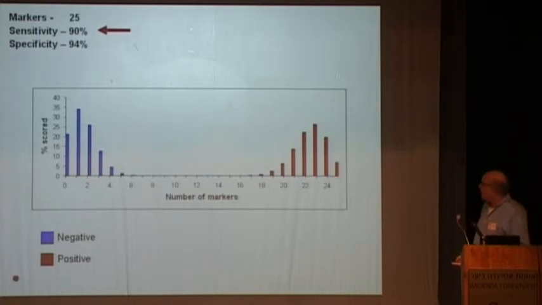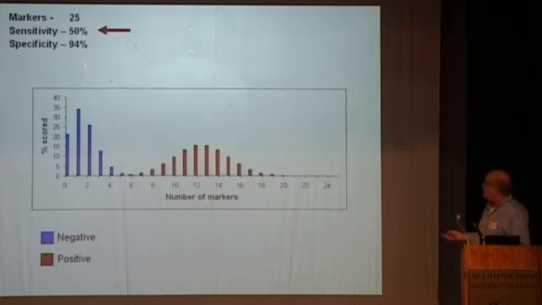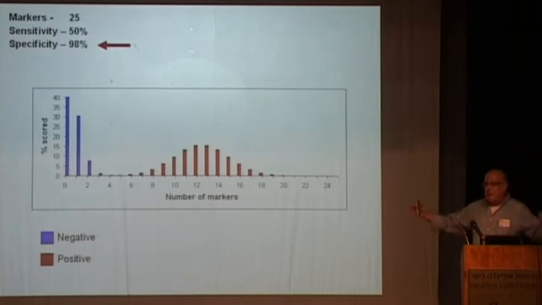Now, of course, the last parameter would be to change the specificity. And as you can see, moving from 92% specificity to 98%, again, we can change the behavior of the two populations and generate a situation whereby an array of epitopes would be good. So this is what we're trying to do.